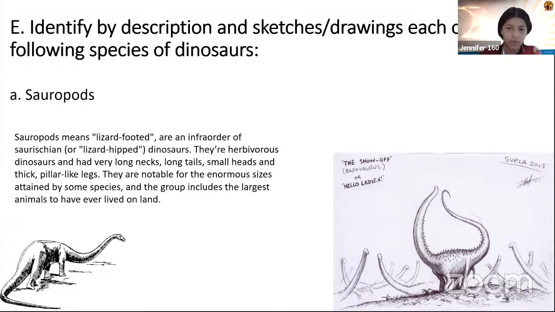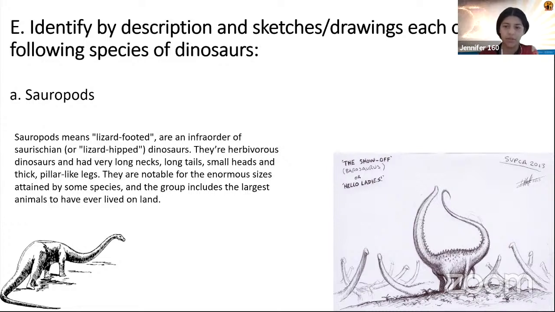So, a sauropod. What is a sauropod? Sauropod means lizard-footed. Saurischian, or lizard-hipped dinosaurs, is a bit hard to pronounce because a lot of scientific words are like that. They had very long necks, long tails, small heads, and thick pillar-like legs.